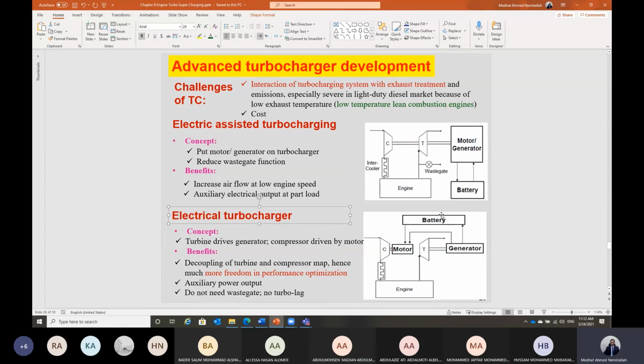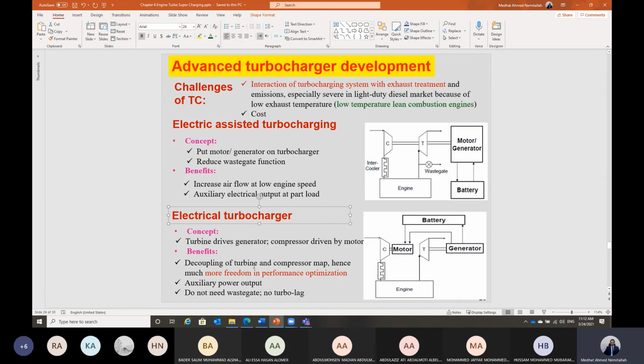At full load condition, part of this electrical power will be saved in the battery, and the other part will drive an electric motor. This electric motor will drive the compressor. And at part load condition, usually the power coming from the turbine is low. So in this case, the battery will supply the electric power to drive the electric motor. Then the electric motor can drive the compressor.